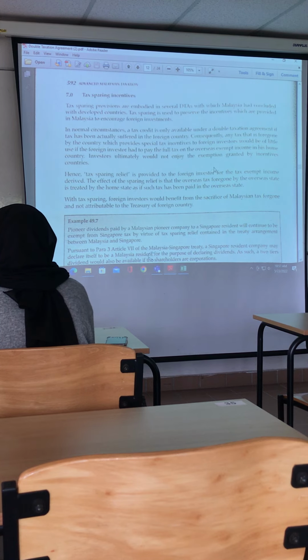Because they have business in Malaysia and qualify for tax incentive, they don't pay tax in Malaysia. Let's assume the exemption is 100%. So this foreign company doesn't pay any tax in Malaysia because it falls under tax incentive. When talking about a double tax agreement, we only give exemption if you pay tax. If you pay tax in Malaysia, then only do you get exemption in the other country, or even tax credit in the other country.